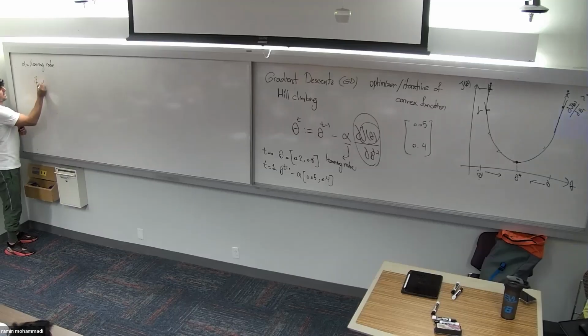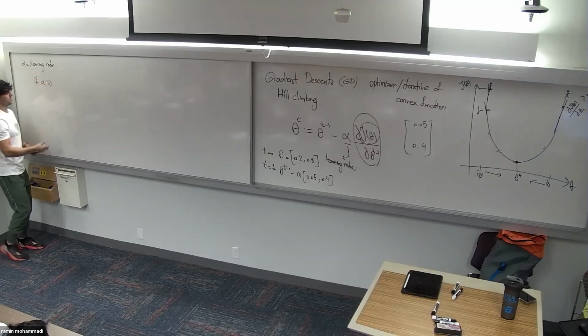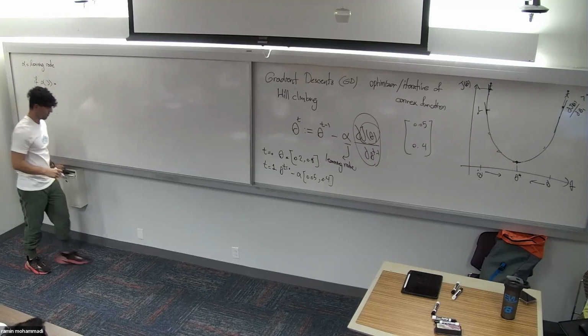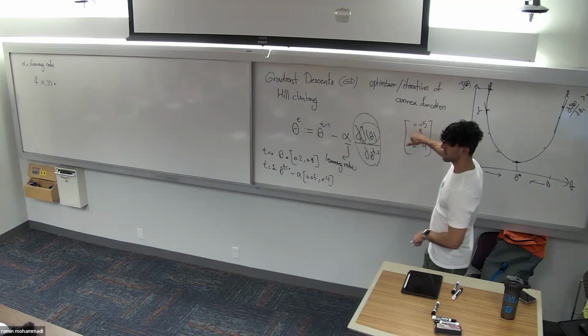If alpha is too large, let's see what will happen. At each step, let's say my alpha is 10. My gradient is 0.05 and 0.4. 10 times that, this becomes 0.5, this becomes 4. It actually has a really bad impact, right?